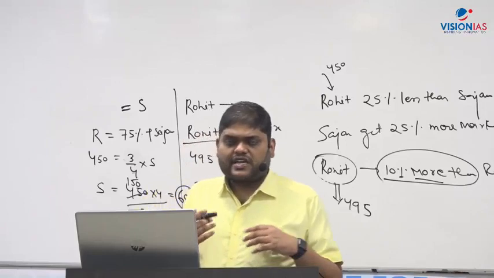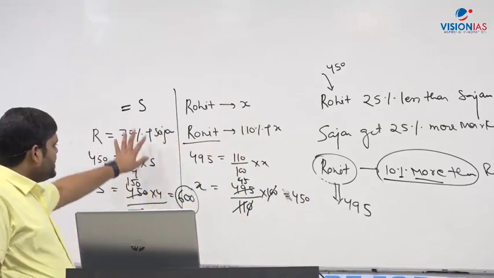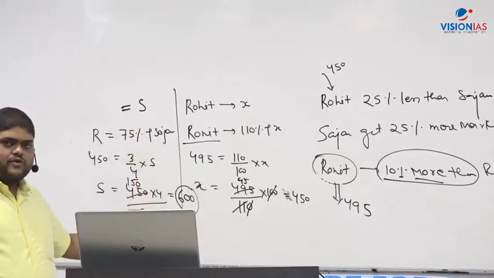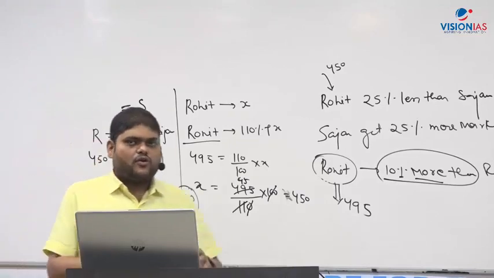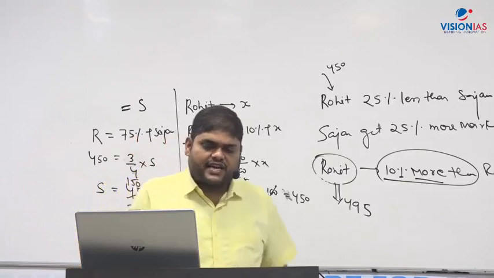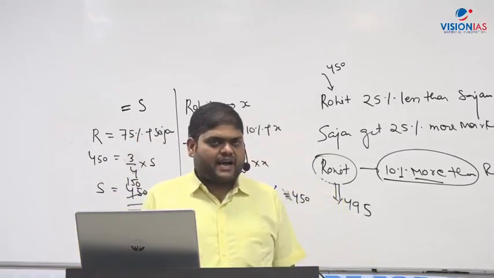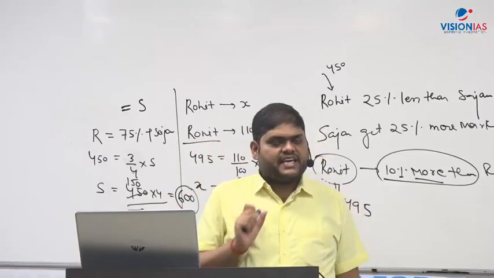Let me think of some better way. One way is you can find out the value like this, but can we have something better? Whenever you write any question here, always give the option too, because many times with the help of the options, it becomes very easy.